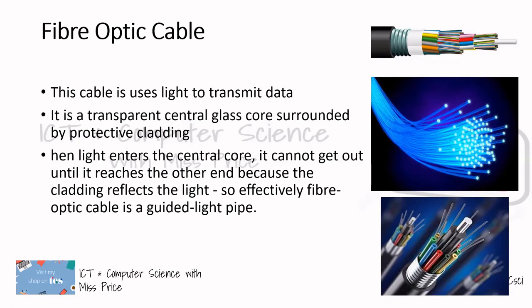When the light enters the central core, it cannot get out until it reaches the other end. This is due to the protective cladding, which reflects the light. So fibre optic cable is effectively a guided light pipe. And that's why your internet connection is so fast.